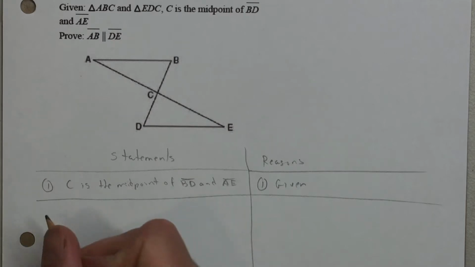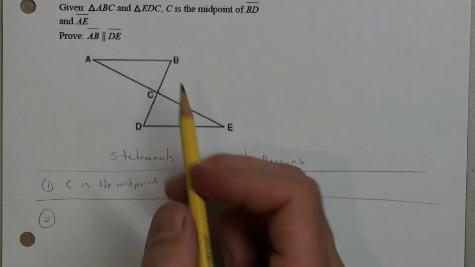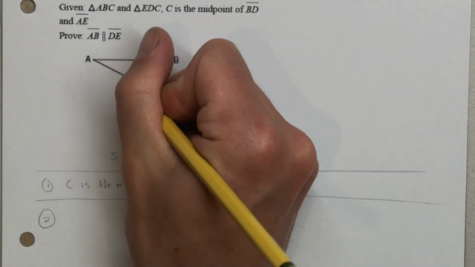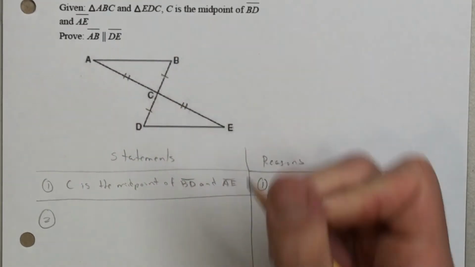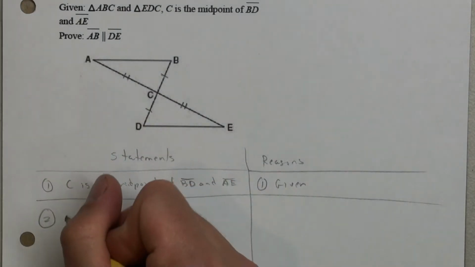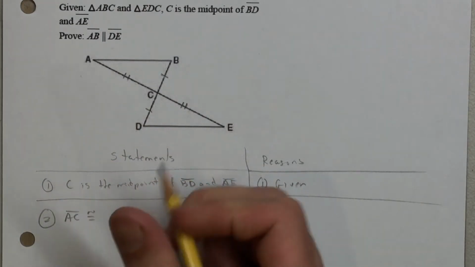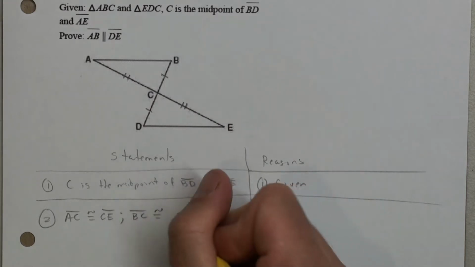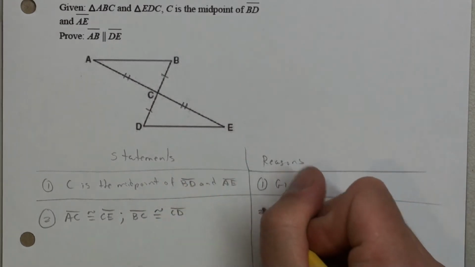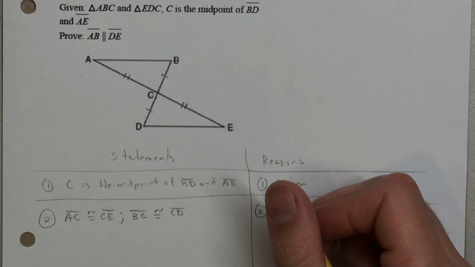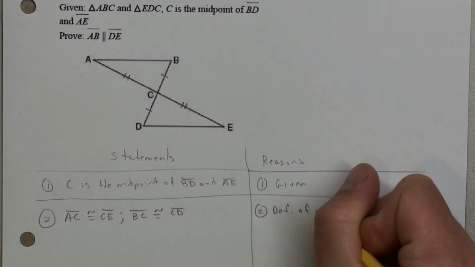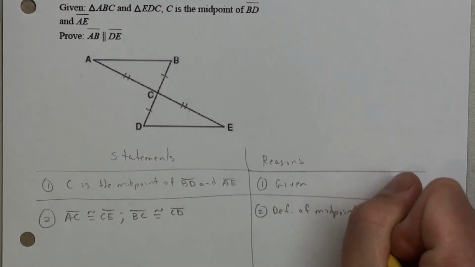Okay. Now we can say if C is the midpoint of BD and AE, then we know that those segments are congruent. So we can say that AC is congruent to CE and BC is congruent to CD. And that's by definition of midpoint.